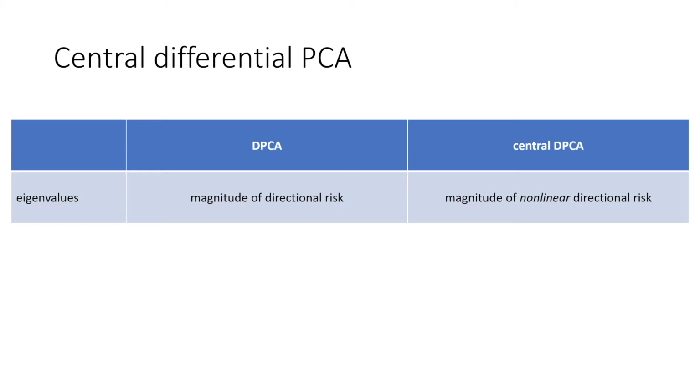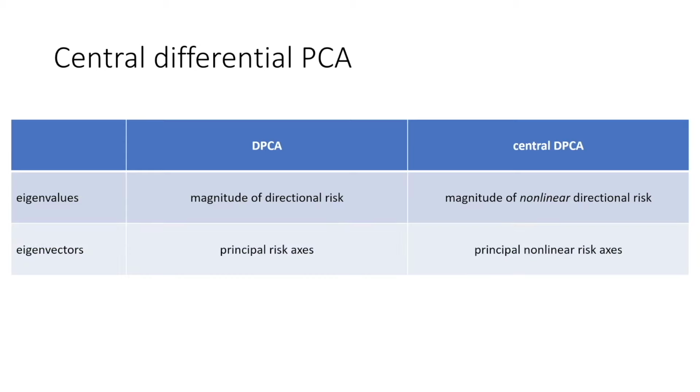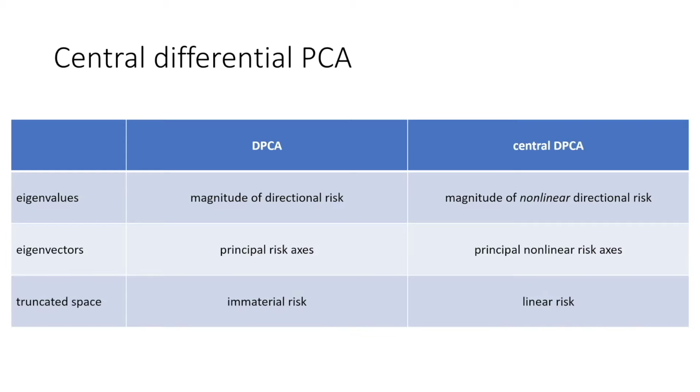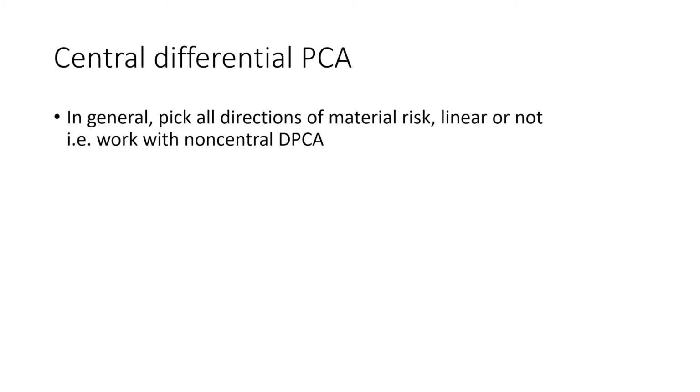The significant eigenvectors of central covariance therefore correspond to the principal axes of nonlinear risk, and axes of linear risk are truncated, no matter their magnitude. By contrast, non-central differential PCA only truncates axes of immaterial risk. In general, I want to pick all directions of material risk, linear or not, and work with non-central differential PCA.